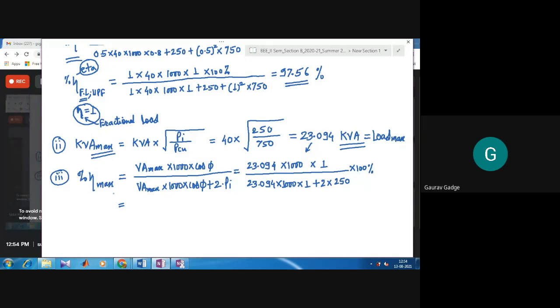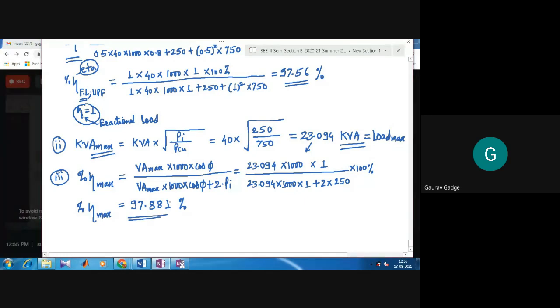It is 97.881%. That is the maximum efficiency of this particular unit. It can reach 97% or rather 98%. So this is the way through which we can do the calculation.